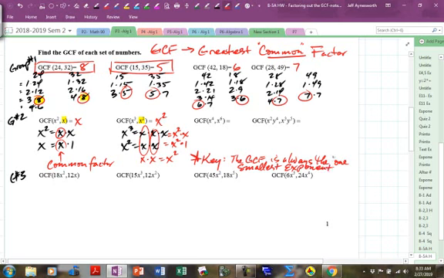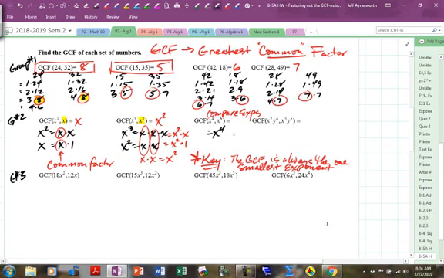Keyword: smallest. So when you compare this next one here, compare exponents: x to the fourth versus x to the sixth. Notice that the x to the fourth has the smallest exponent. So here the GCF is x to the fourth.